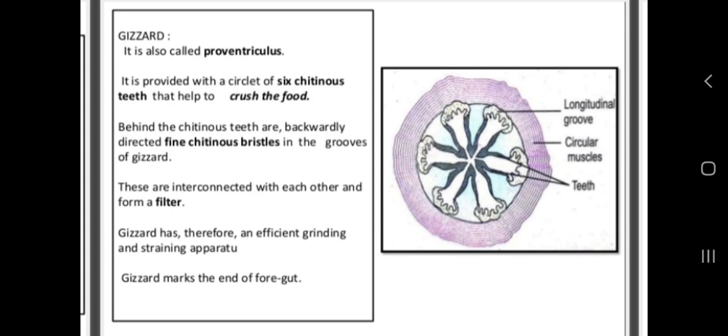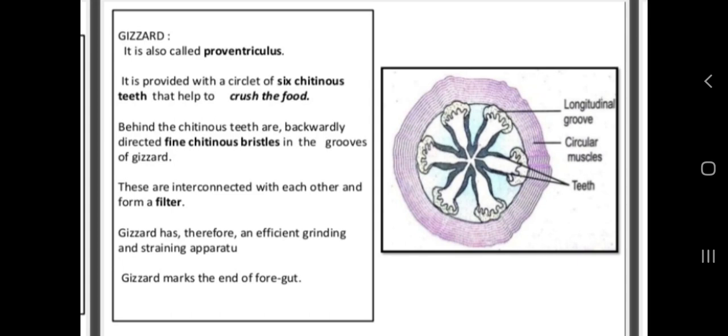The walls of armarium are lined by a thick layer of cuticle and it is raised into 6 folds.